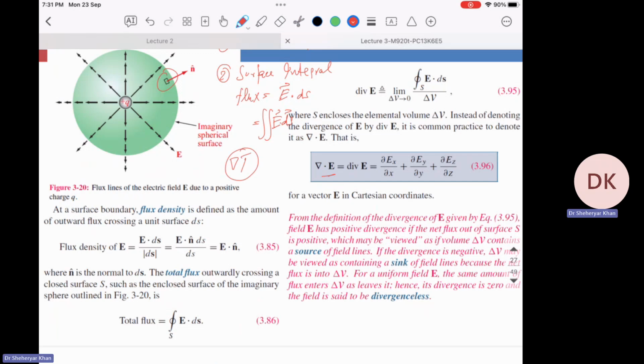Okay. So that's the operator we call the divergence. Sometimes people write div, or sometimes we write del dot E. Now, what's the difference? This T in gradient is scalar, but this T in divergence is vector. Okay, that's the main difference. Now, you see the formula is the same, right?